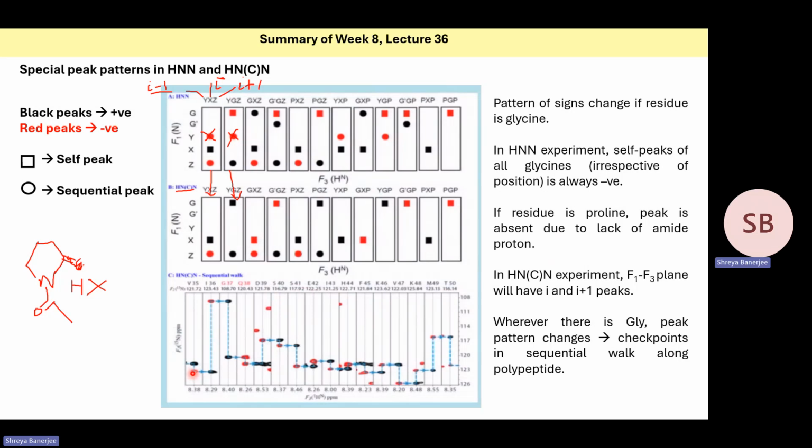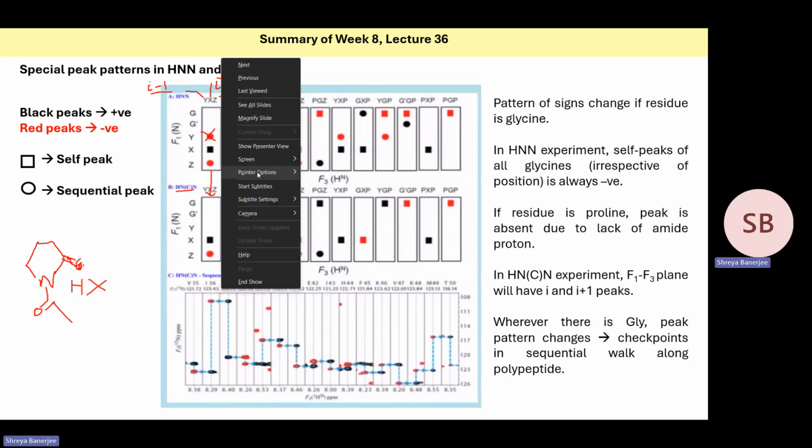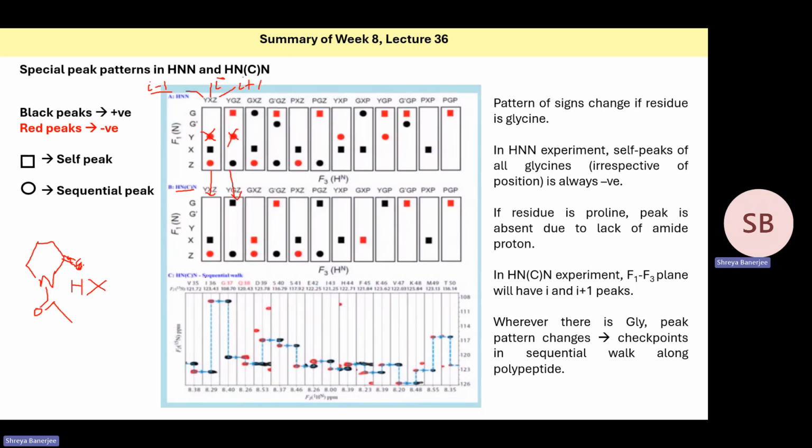When you reach the cross peak, you can move in a horizontal direction until you encounter a black peak. This is the self peak of the next residue. Negative, you can move in the horizontal direction. Now, this brings you to the special case of glycine.